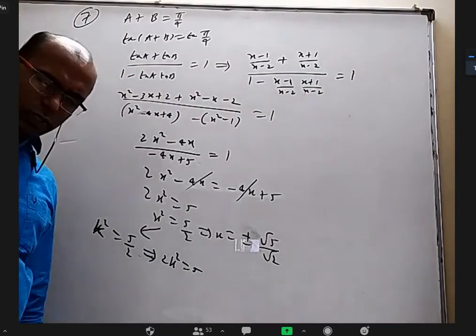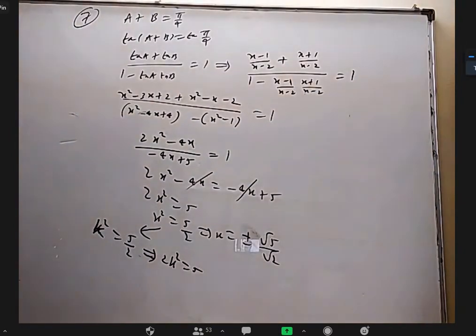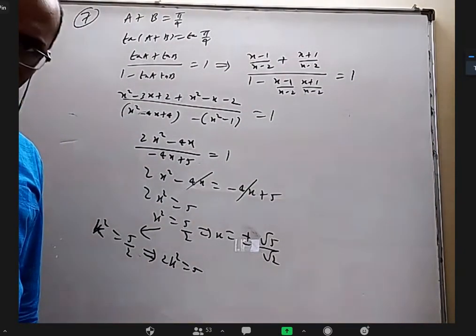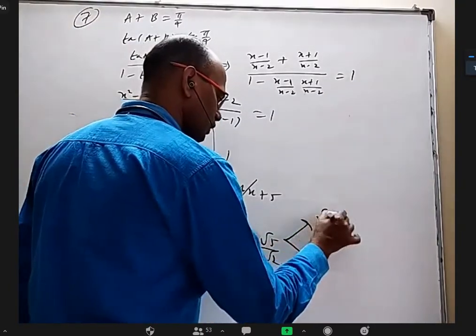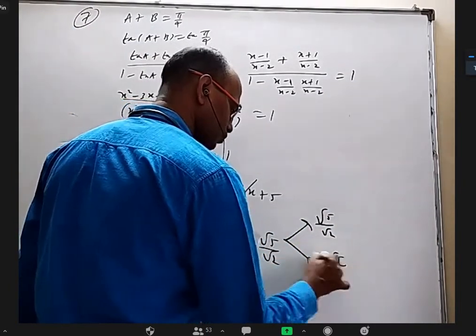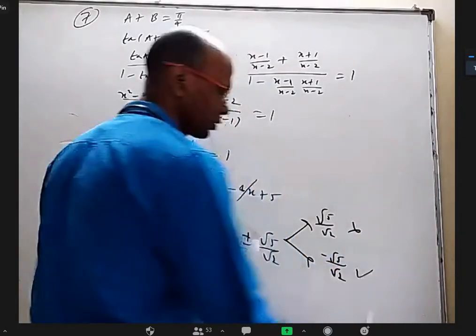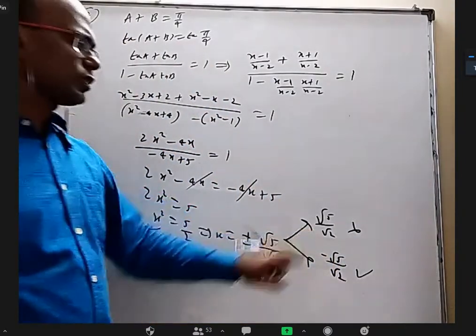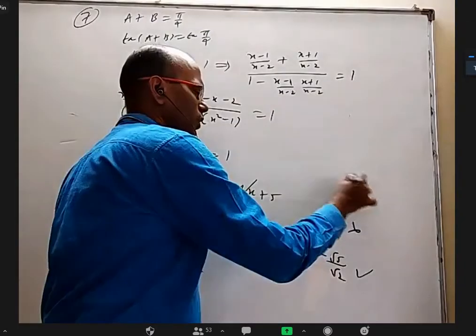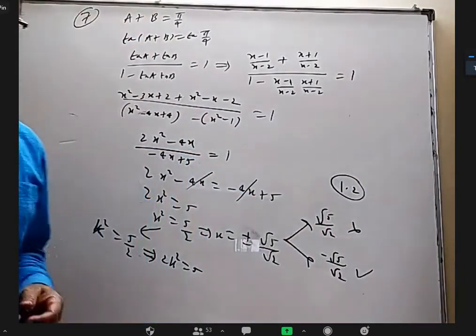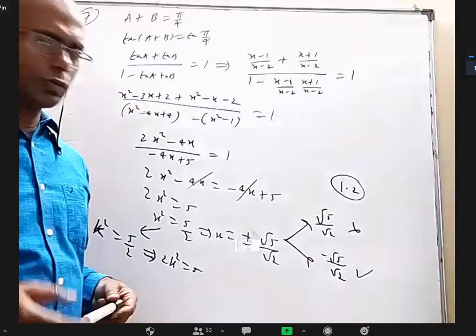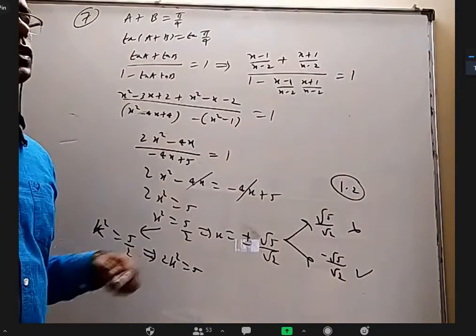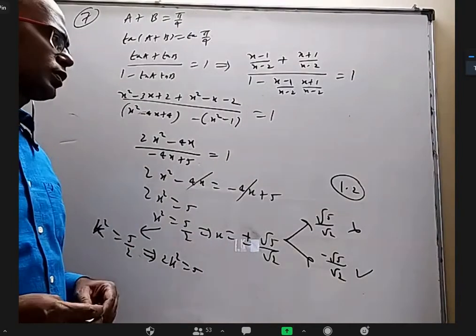Because if I substitute plus of root 5 by root 2, LHS both are negative. Root 5 by root 2 and minus root 5 by root 2, this is not okay, this is okay. Because this value is around 1.2 or something like that. Because root 2.5... 11 square, no, 12 square, no, not okay, sorry.